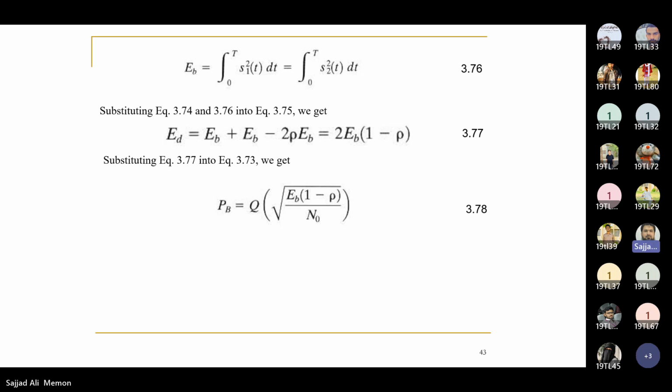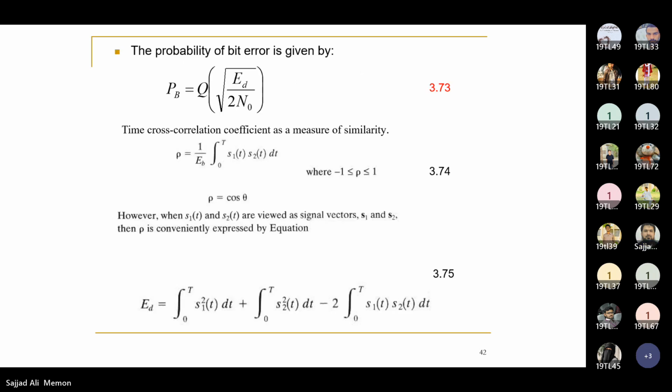That is the last part of the equation. This one. Because we know that this cross-correlation coefficient is equal to 1 over EB.